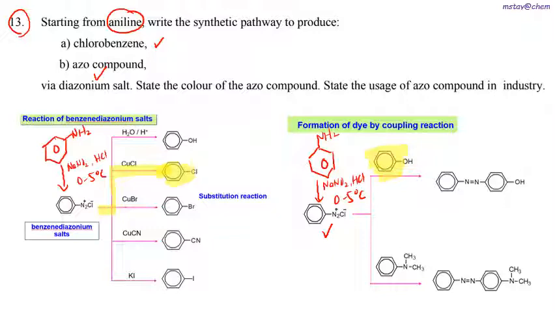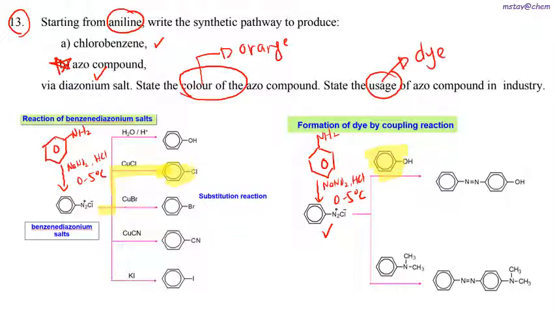The question also asks, what is the color of the azo compound? The color is orange. So they only ask you part B. And then what is the usage? Since it is a color, it functions as a dye.